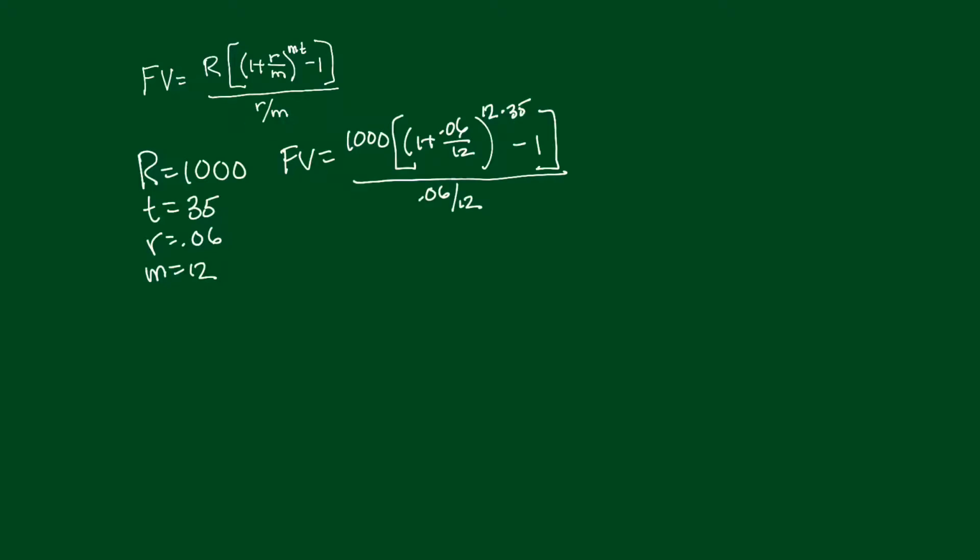So again, a calculator problem. I'm going to put into my calculator like this, 1,000 and then parentheses, that parentheses is that one right there. And then this one will be the other parentheses. Parentheses 1 plus 0.06 over 12, close, and that parentheses is that one right there. Raise that to the 12 times 35. Now your calculator, you may not have to do this parentheses. It may just bring you right up there. The newer ones do. I've got an old machine.